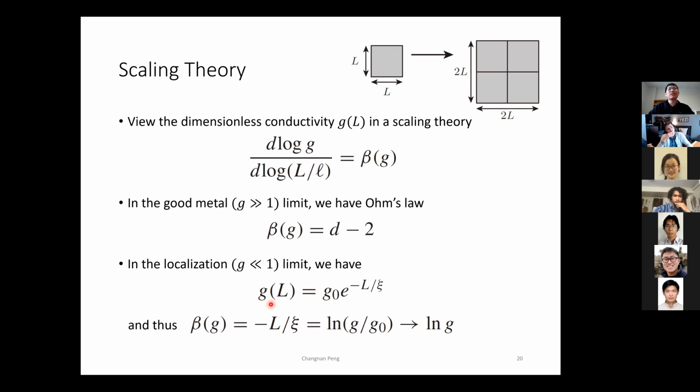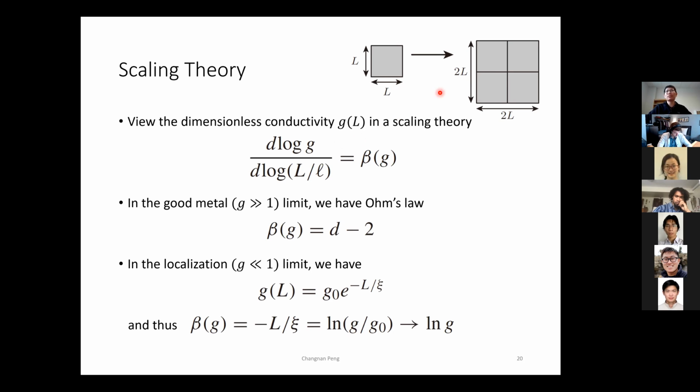And since we've talked about the scaling theory, I will show you another kind of statement of why we have localization in 1D and 2D and a phase transition in 3D. Suppose we have a dimensionless conductance g(L), where L is the system size. And suppose we have this relation in the scaling theory.